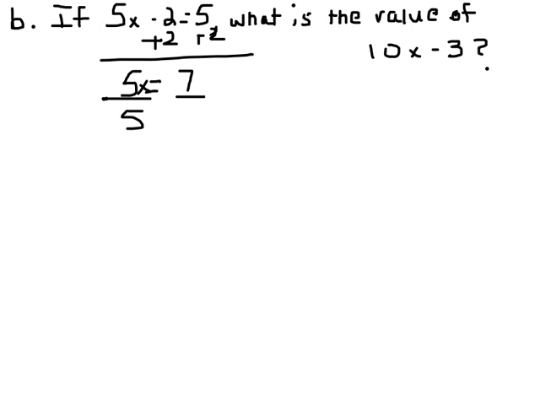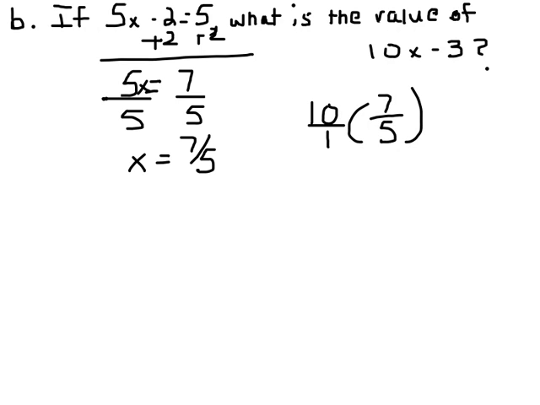Divide by 5 on both sides, and I have x is equal to 7 over 5. Alright, now I'm going to put it in here. I'm going to make this 10 over 1 times 7 over 5 minus 3. I can cross cancel here. That'll become a 1. That's a 2. 2 times 7 is 14, and 14 minus 3 is 11.